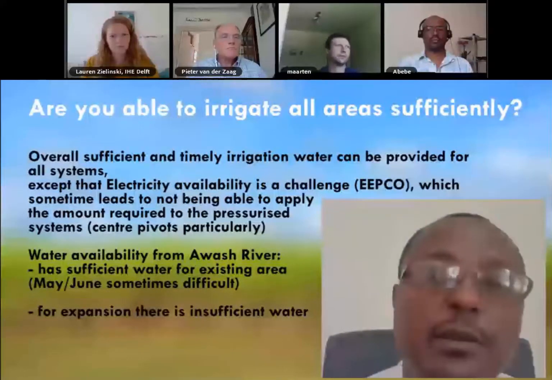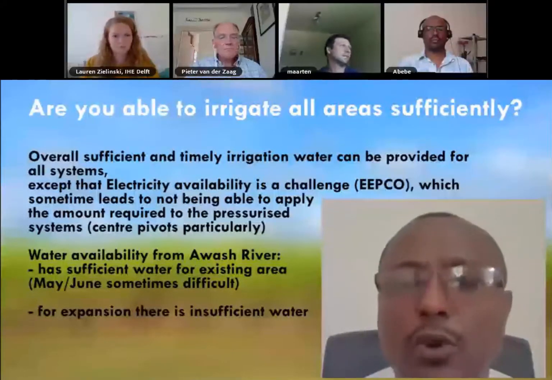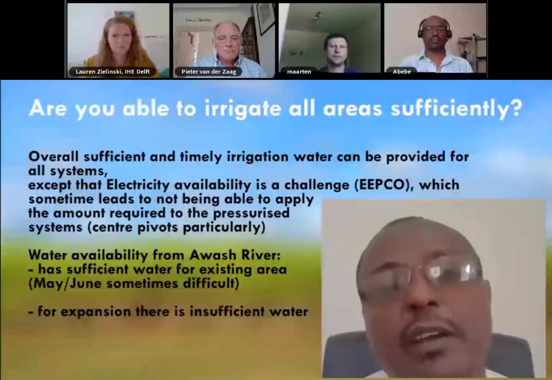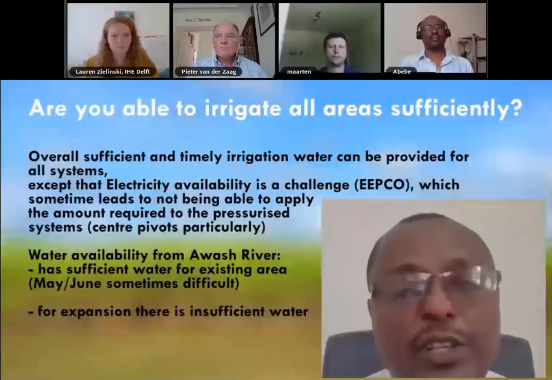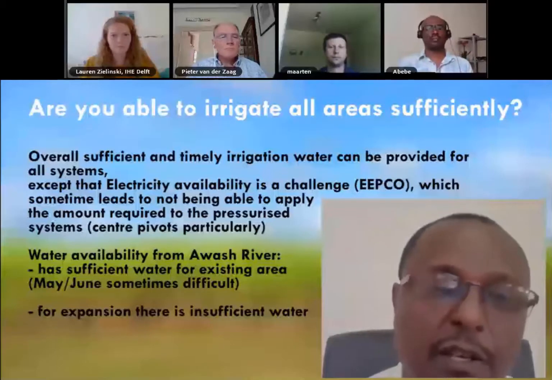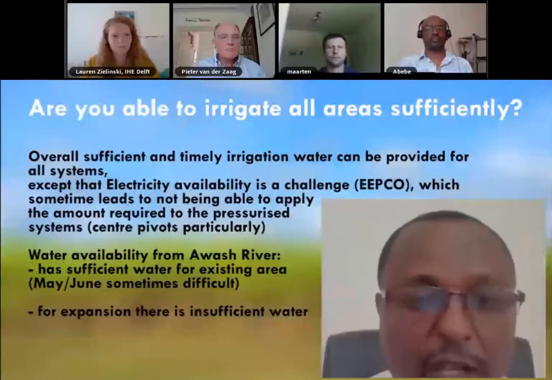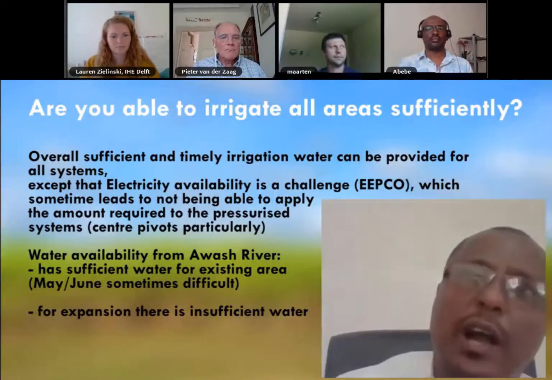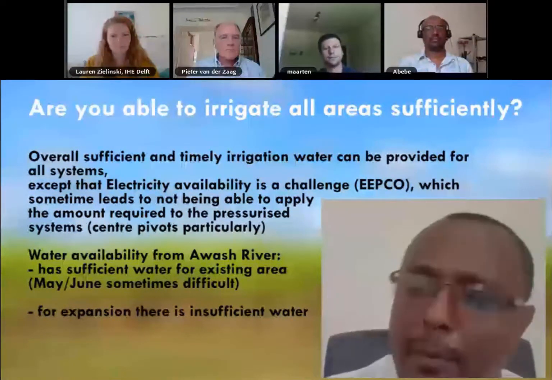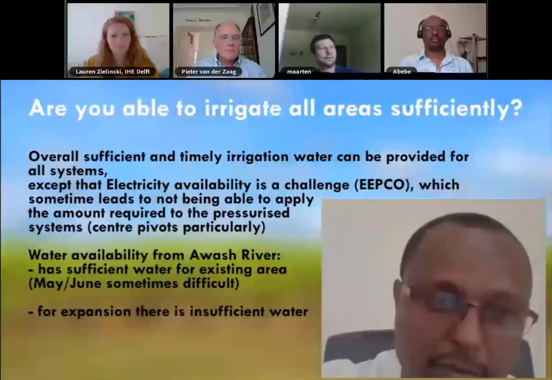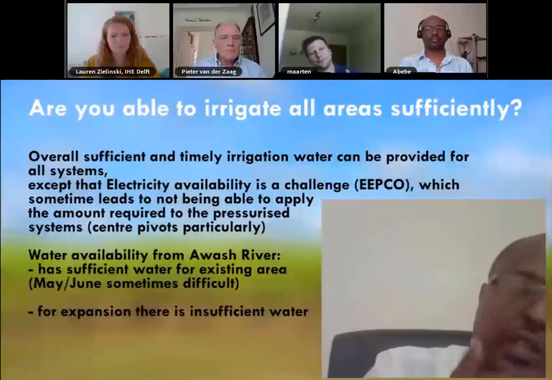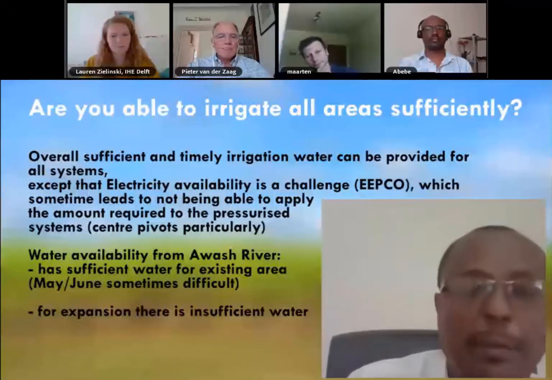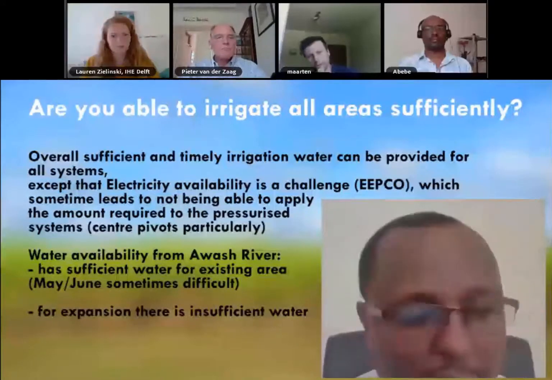In pressurized irrigation systems, mostly electricity is not available from the EEPCO side. Due to that problem, we do not apply the amount of water at the required time. But in the state-owned one we can apply the amount of water as required.